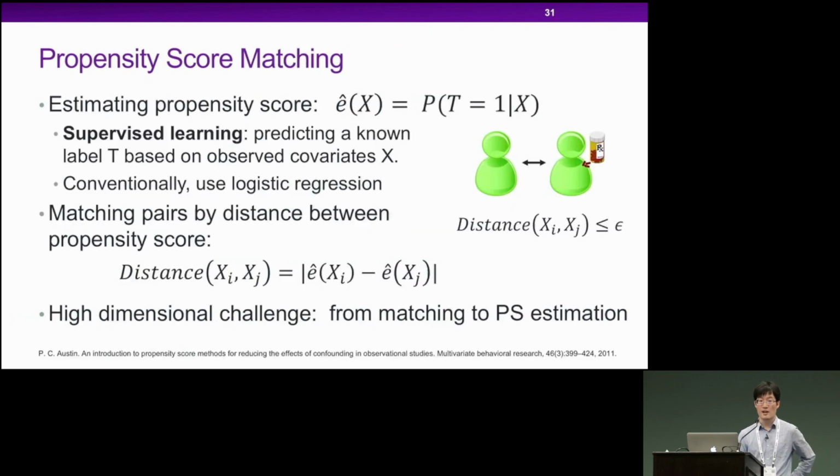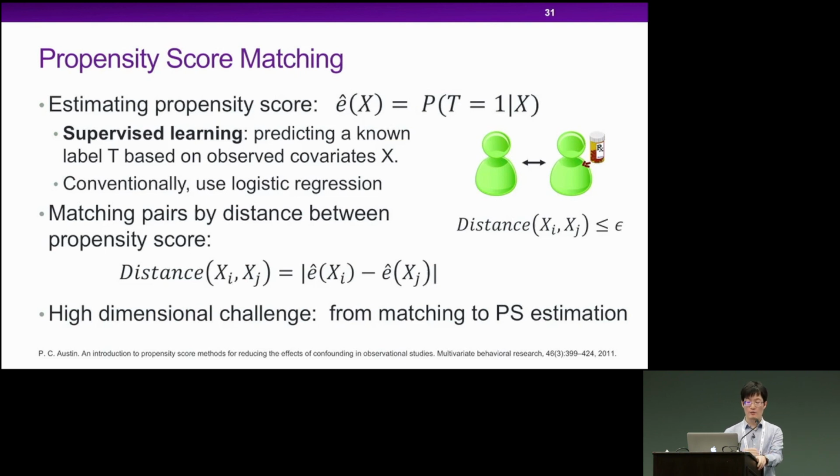This is a supervised learning problem, because for every unit we know whether it's treated, and we also know its X features. So we only need a regression model between X and T, and conventionally we use logistic regression because the treatment variable is usually binary.